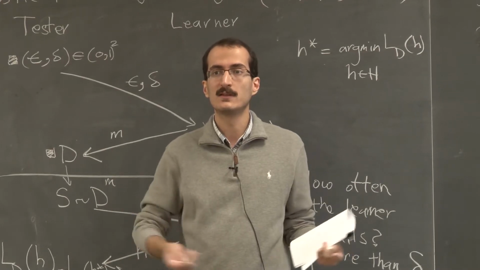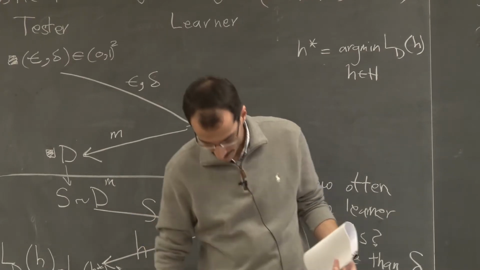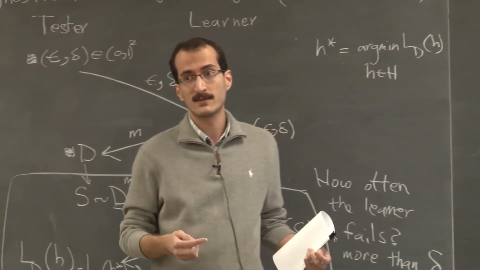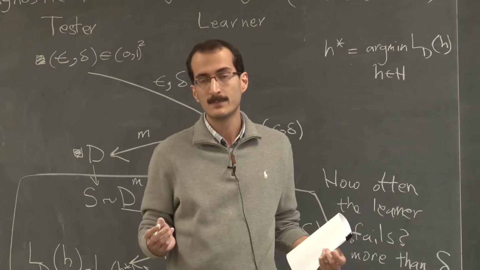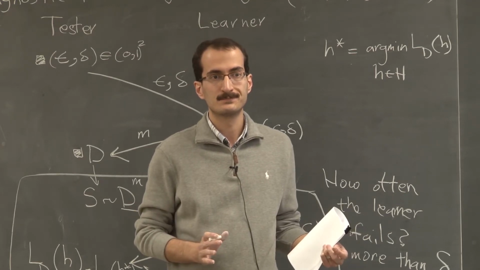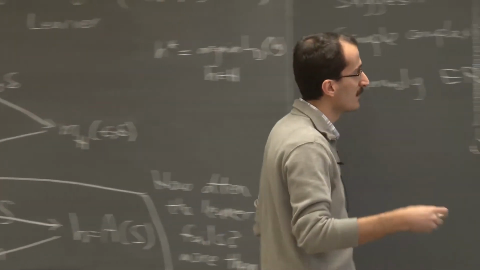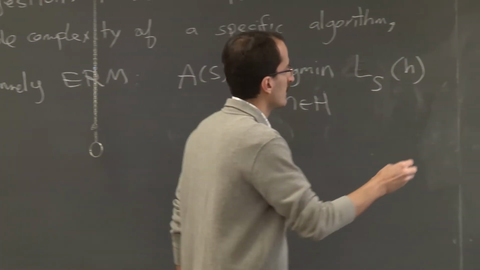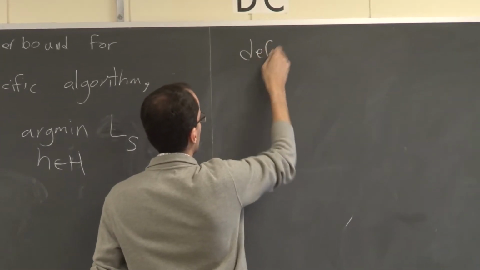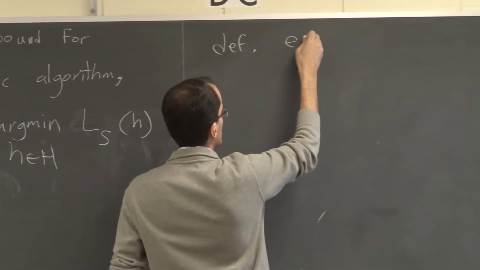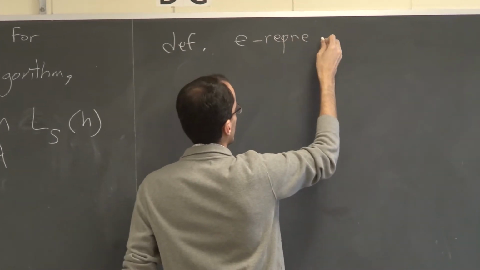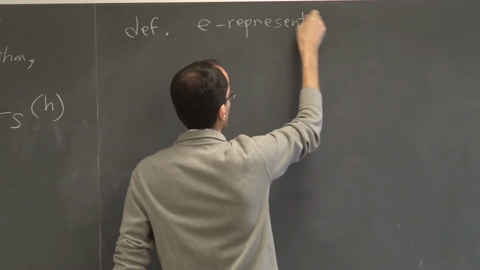Then it will be a good learner, right? So one thing that we require, that I think will help, is that the empirical and the true errors will be similar. In order to formalize this idea, I think I need a new column. Definition: epsilon representative samples.